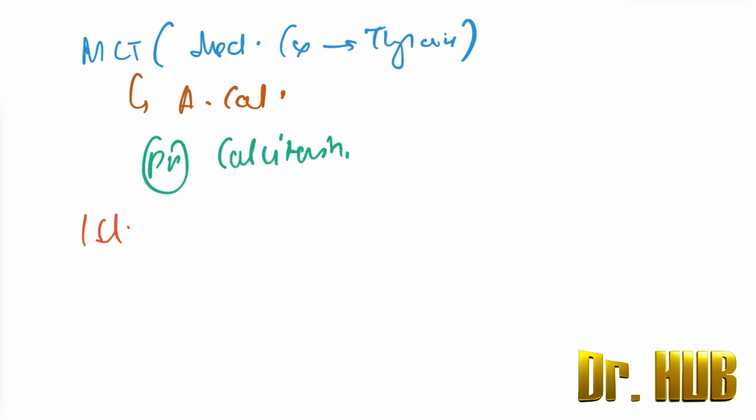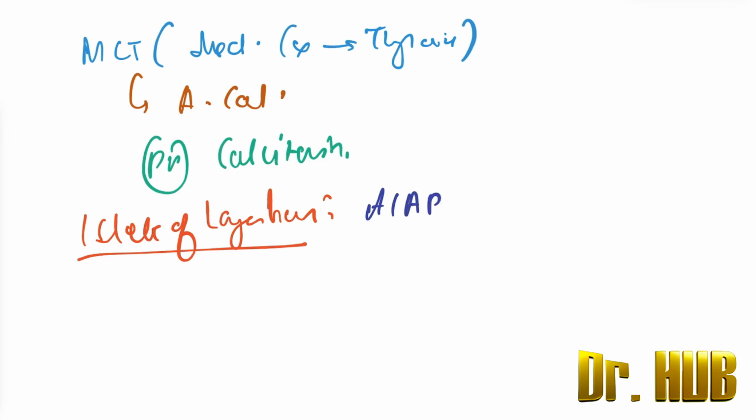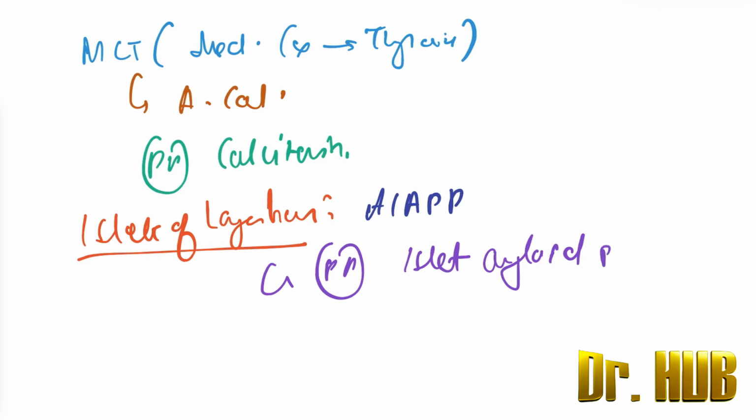Next we move on to the islets of Langerhans. The fibril protein is going to be AIAPP, and the precursor protein will be the islet amyloid peptide.